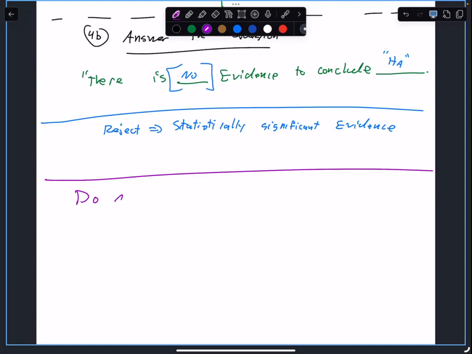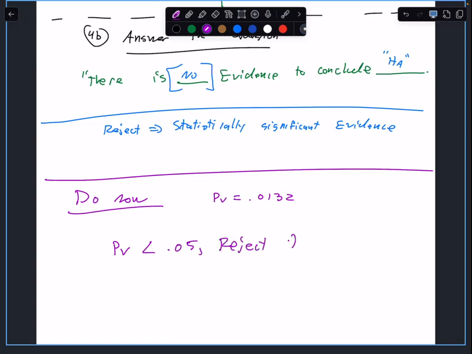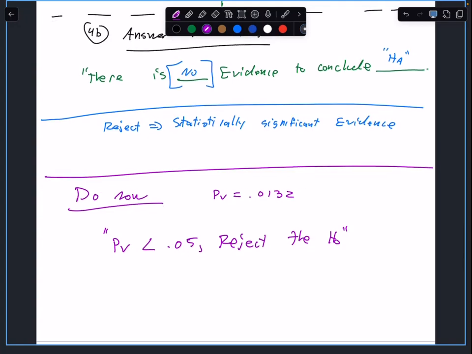Finishing this off with the do now problem. Remember, we got a p-value that was 0.0132, right? That was our p-value. Is that less than 0.05 or more than 0.05? That's less. So we're going to say that is less than 0.05. So therefore, we are going to reject the null hypothesis. Okay? That's my answer. That's how you're going to look.